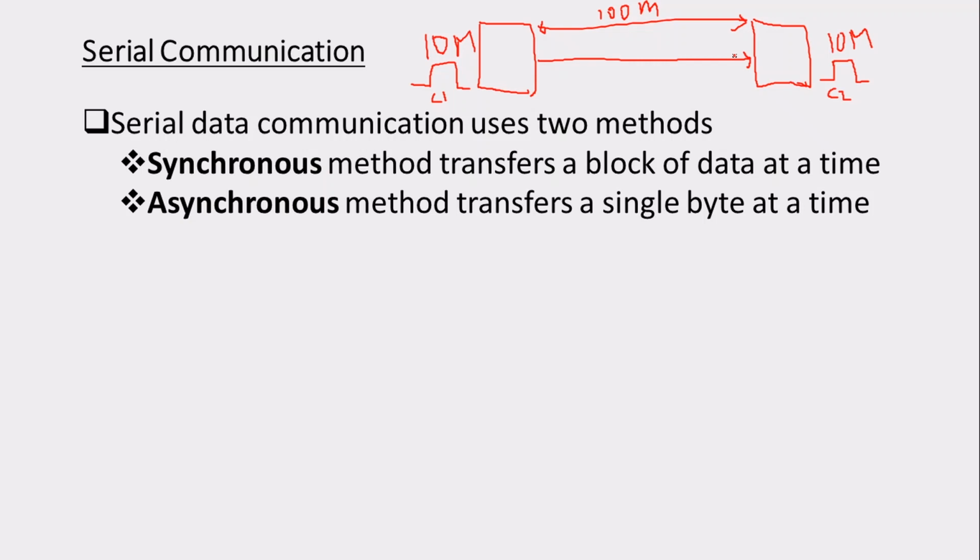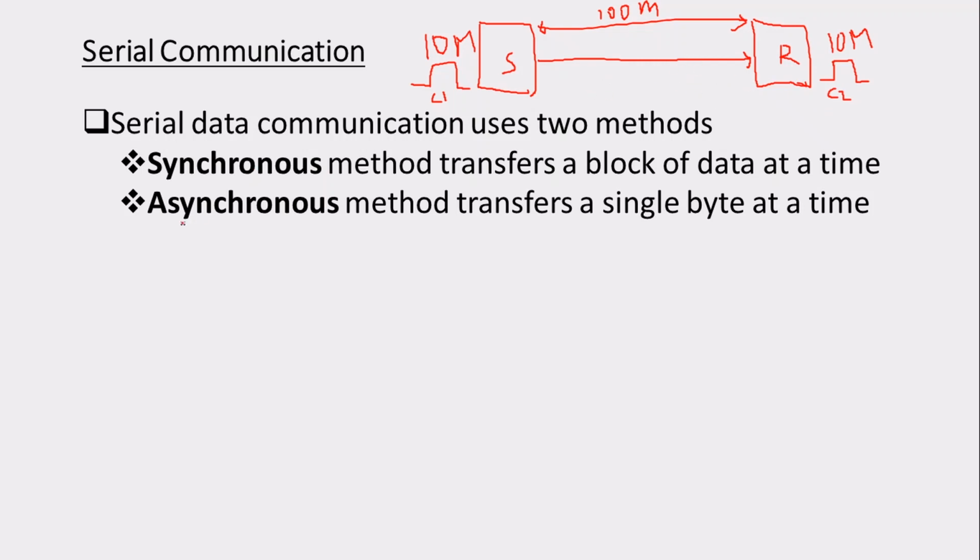Once those synchronous bytes have been sent from sender to receiver, the receiver will come to know that this is the end of this particular block of data. Okay, but since here the clocks are synchronized, there is no mismatch of any data from sender to receiver.